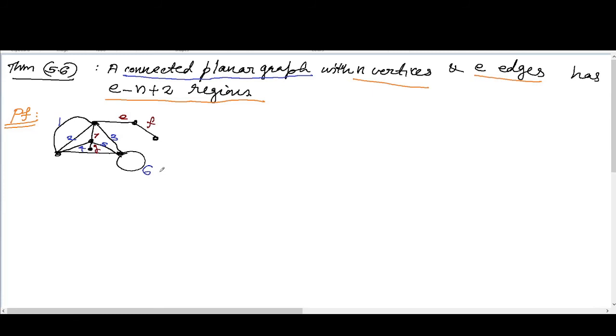Now, let the polygon representing the given graph consist of F faces. Here we are assuming there are F faces. And let Kp denote the number of p-sided regions.